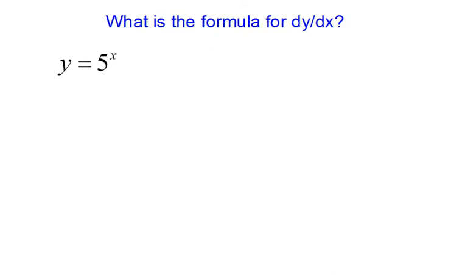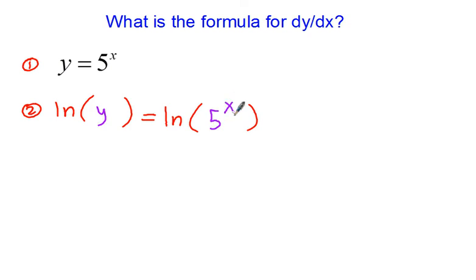All right, with that out of the way, let's find a formula for dy dx for the function y equals 5 to the x. And we'll begin by taking a logarithm of both sides. So we'll take the log of the left side and the log of the right side, and then we'll use the properties of logarithms to our advantage to find the derivative. Okay, here goes. So we have log y equals, and here's where I'm going to use that rule where we bring the power down and make it a multiplier.